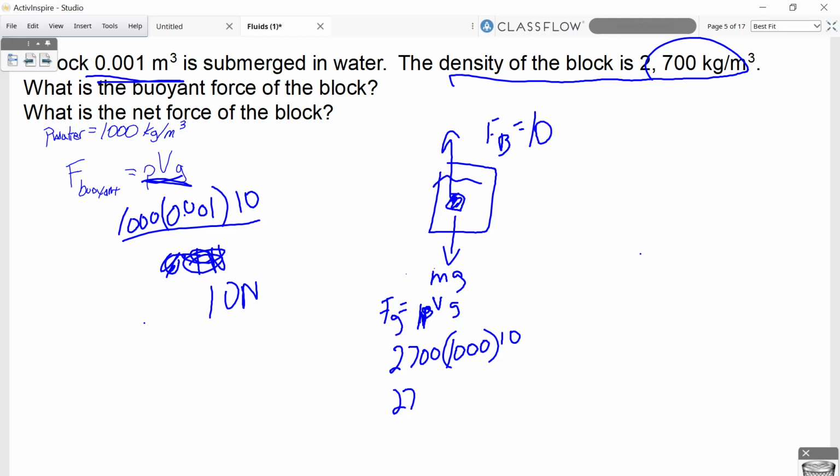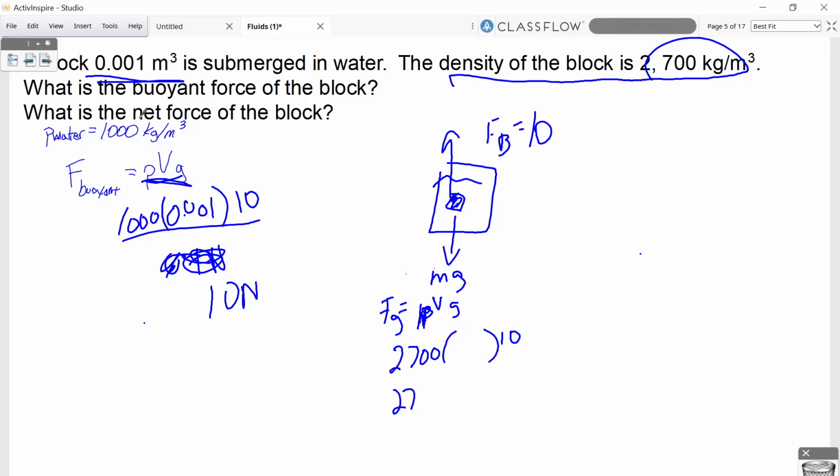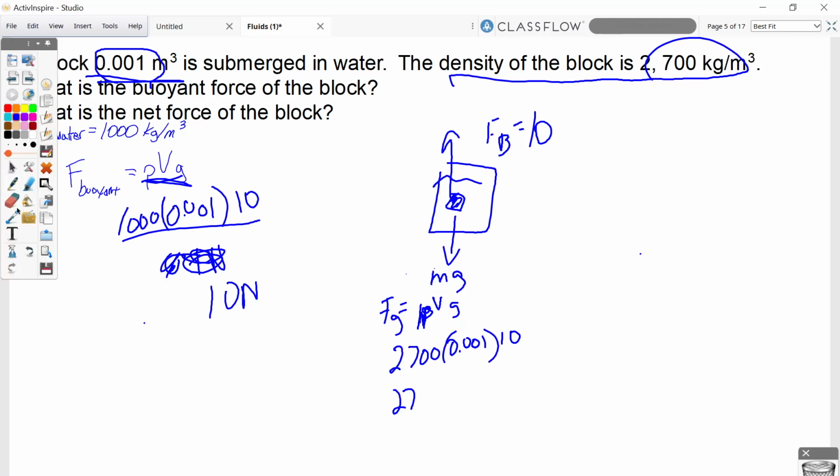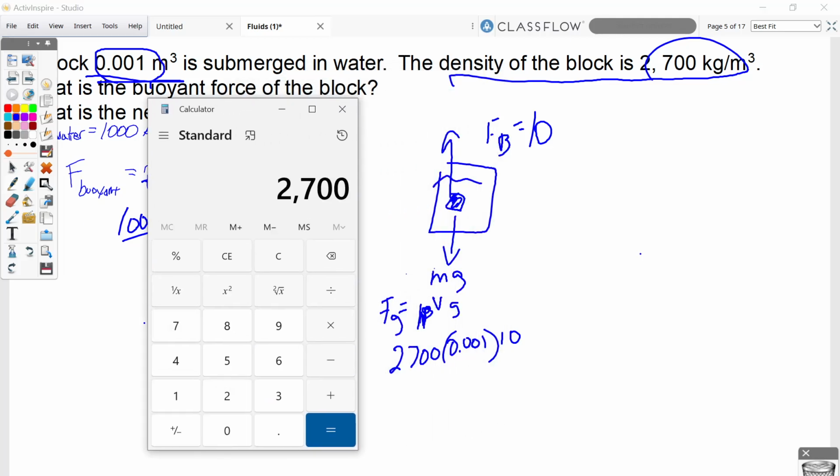And here we're not using the density, the 1,000. We are using this part right here, 0.001, the volume. Now if I multiply everything, it should come out. There we go.